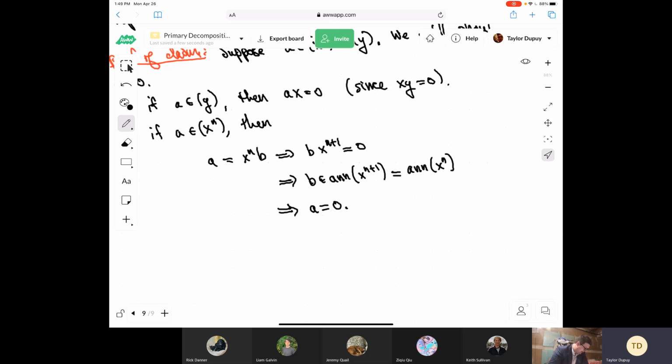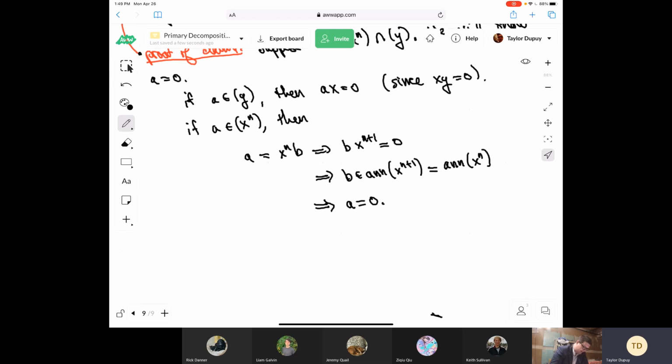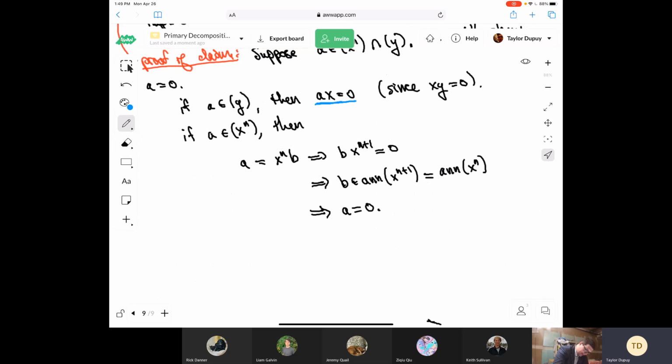Okay, so we have this. So this implies that. So this shows that A is equal to 0. So here, I guess we're using that AX is equal to 0, right? At this stage here. So this input here, this thing here where AX is equal to 0, this is AX.